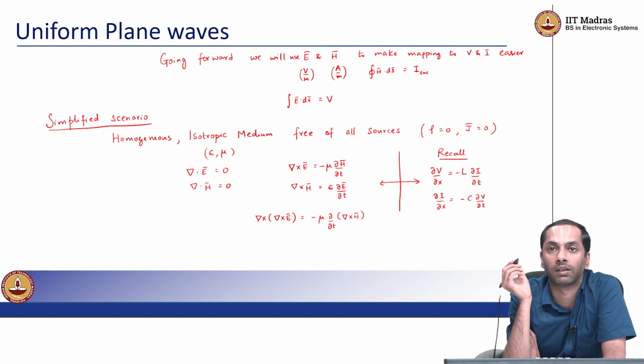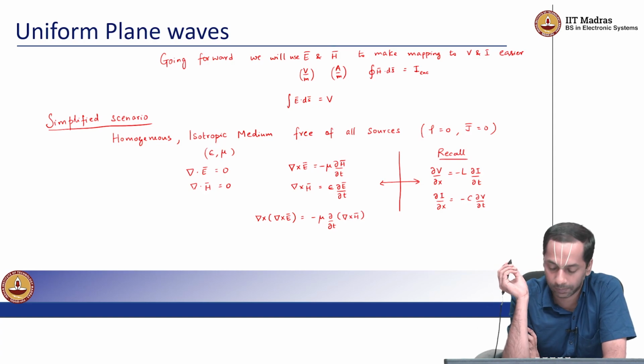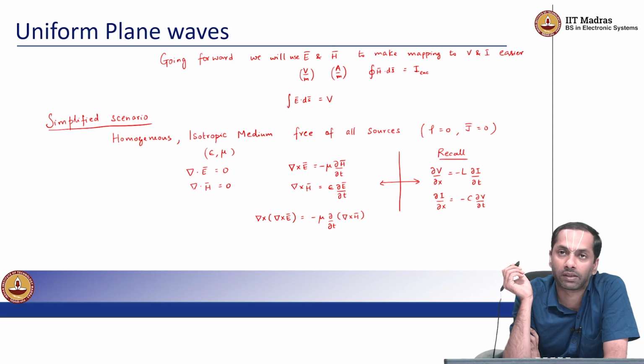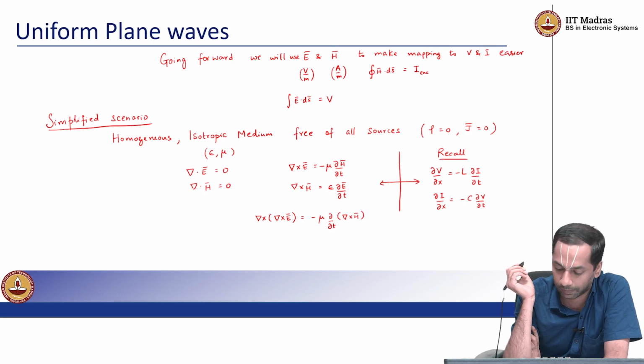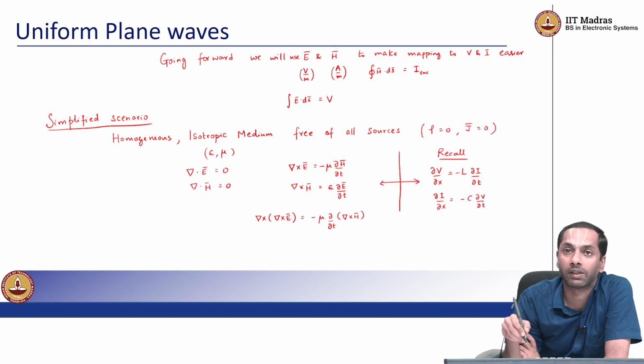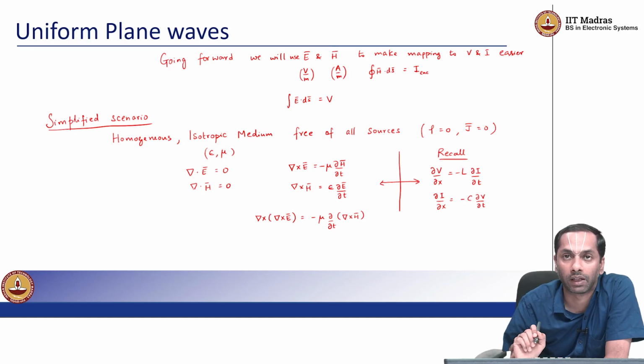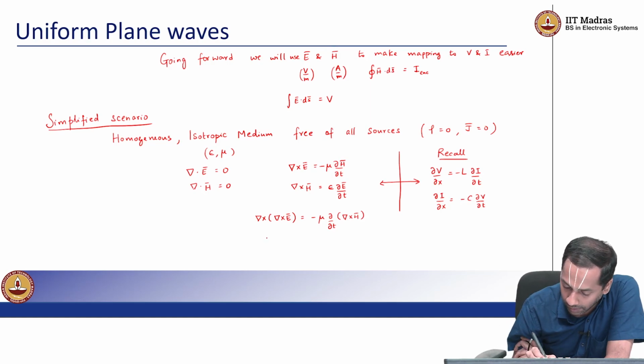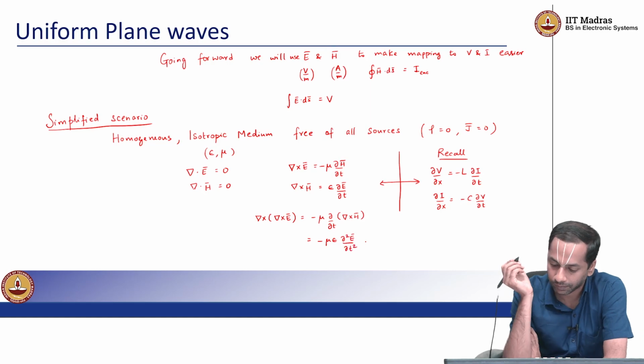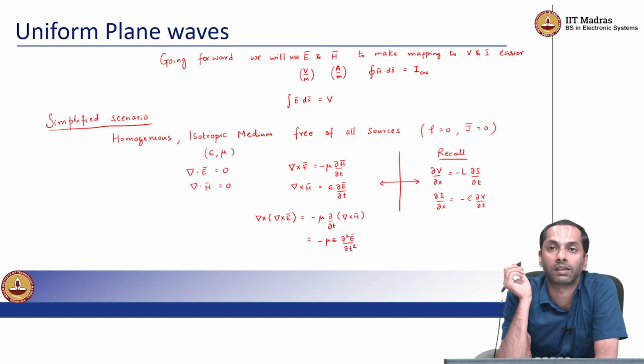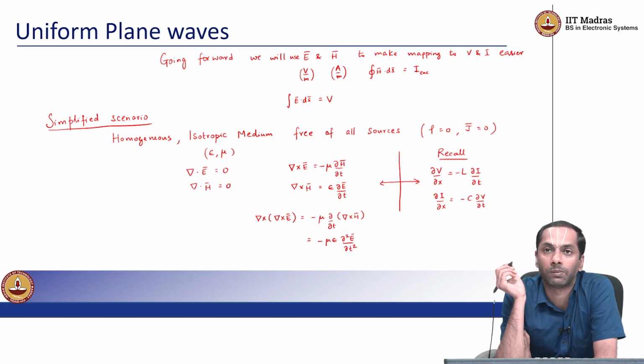I can absorb the curl into the derivative because derivative and curls are linear operators, right? So I can exchange the order in which I do them or execute them. And now I have the expression for curl H from the other Maxwell equation, and so I can substitute that on the right hand side to minus mu epsilon dou squared E by dou t squared, right? I am replacing curl of H with epsilon dou E by dou t.